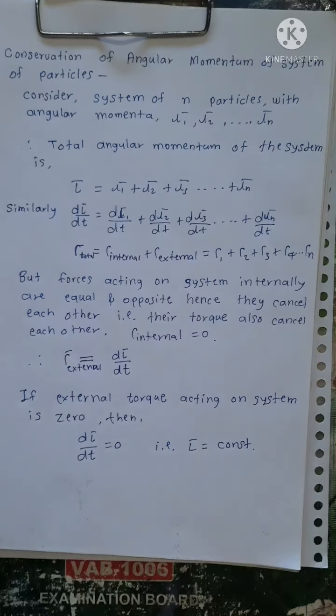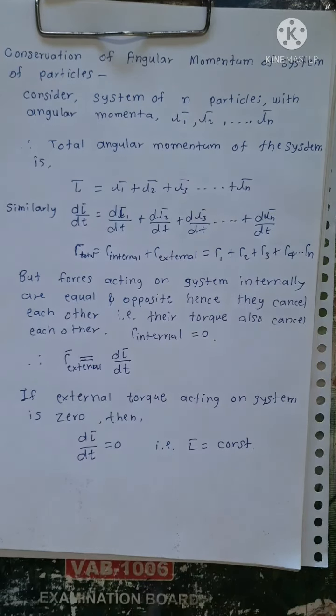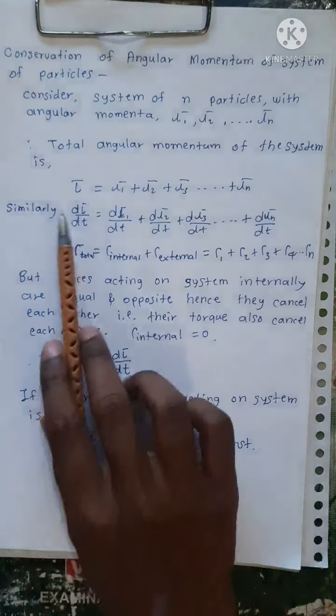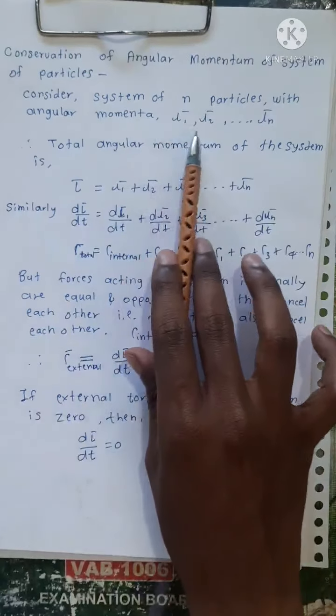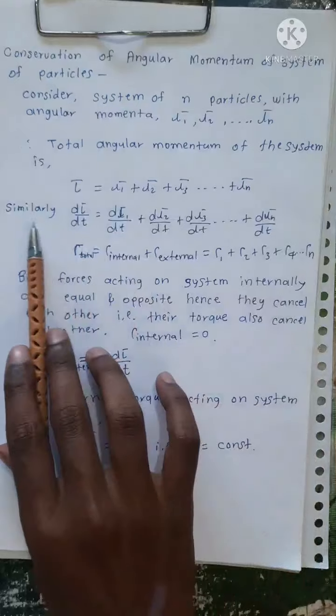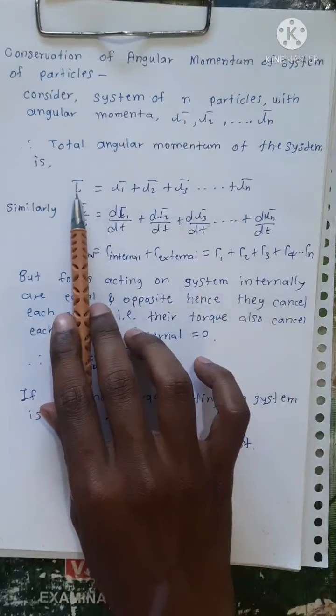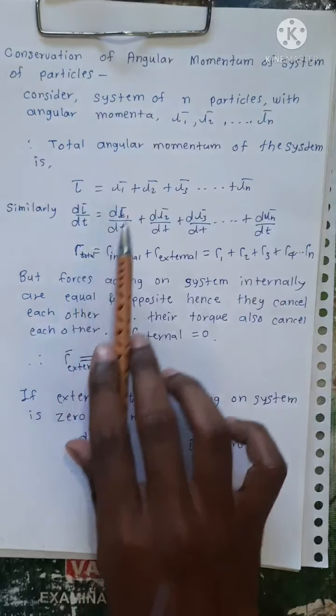Now let's study conservation of angular momentum of a system of particles. Consider n particles with their angular momenta as L1 bar, L2 bar up to Ln bar. Now we can write the total angular momentum of the system as capital L bar equal to the summation of all these individual angular momenta. Similarly, we can write this L bar in terms of torque.